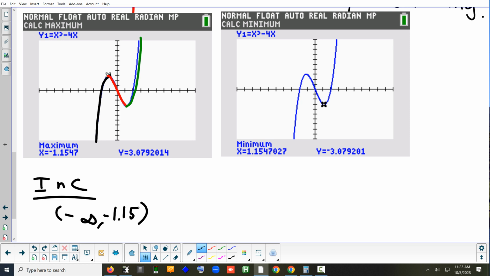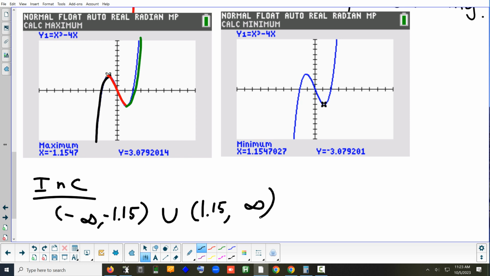Right. Now let's do the green one. What's the lowest value you could pick and still be in the green section? Yeah, 1.15. What's the highest value you could pick? Positive infinity.